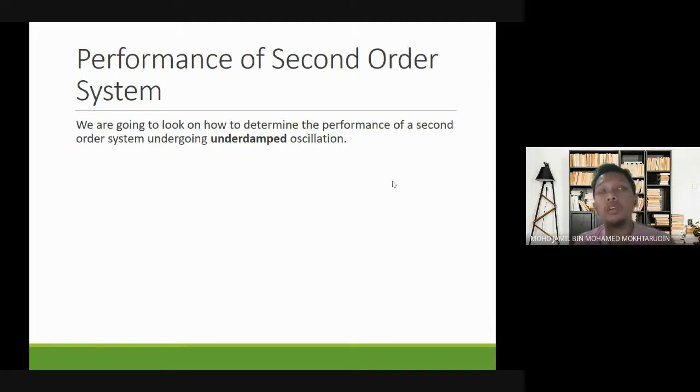When you design a control system later on, you usually want the system to be stable, and a stable system can usually be achieved easily by making it underdamped. So for performance of second order system, we are going to look at underdamped oscillation.